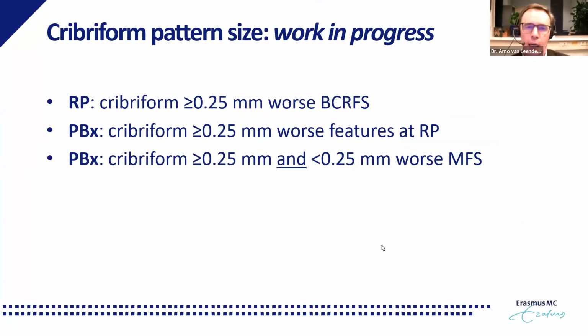So I think cribriform pattern size is still a work in progress. There are really good indications that on radical prostatectomy, large cribriform is associated with worse biochemical recurrence-free survival. But when you look at metastasis-free survival, then any cribriform may still be significant.